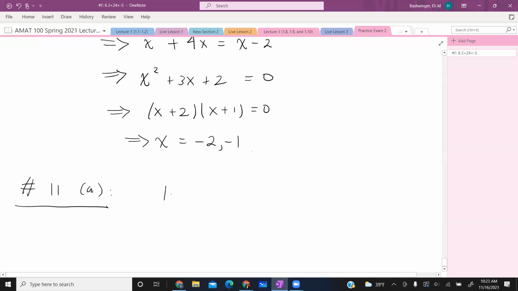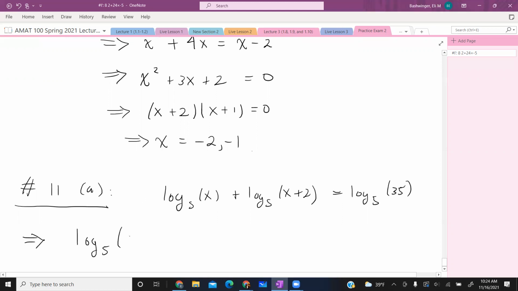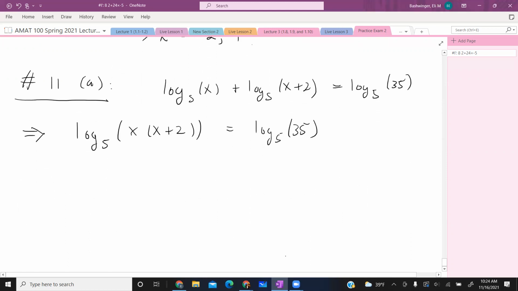We have log base 5 of x plus log base 5 of x plus 2 is equal to log base 5 of 35. We're going to first use the multiplication-to-sum property of logarithms to write the left-hand side as log base 5 of x times x plus 2. The right-hand side will be the same.